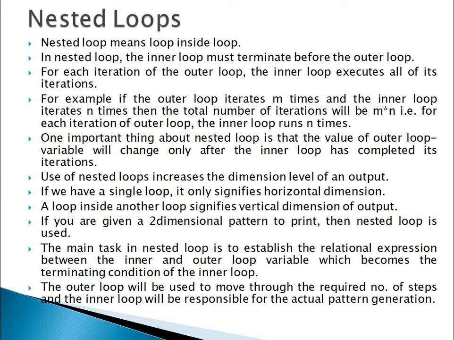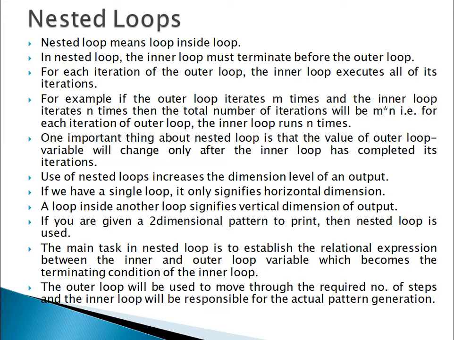You know there is a condition expression in a loop. There are 4 parts of a loop: first is initialization, second is condition, third is body, fourth is modification. So the condition part of the inner loop will show the relation between the loop variables of the upper and lower, that is, the outer and inner loop.